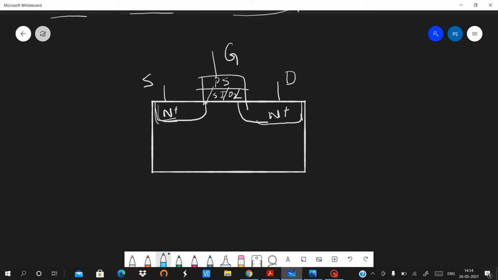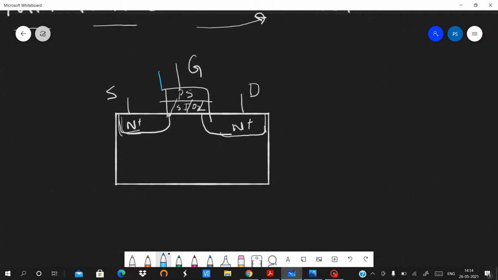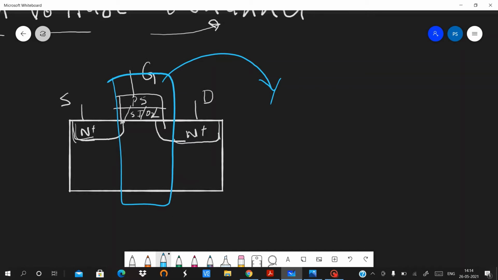So now let's cut this part and draw it here. If you look at that part, there is a polysilicon, correct? There is a SiO2, and there is substrate, that is P substrate, correct?